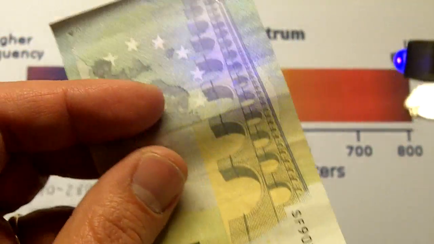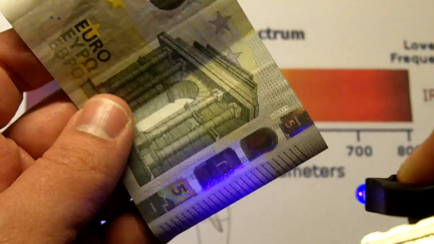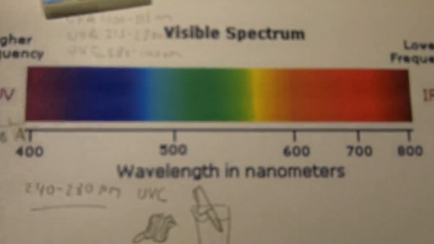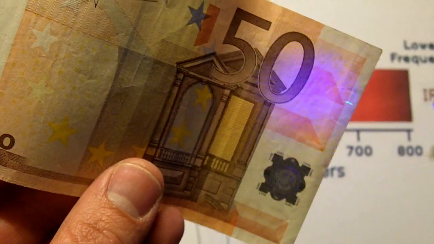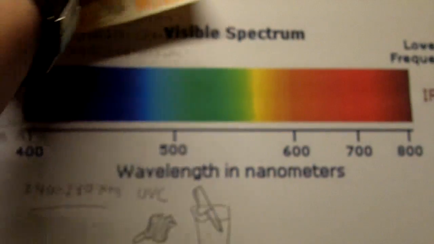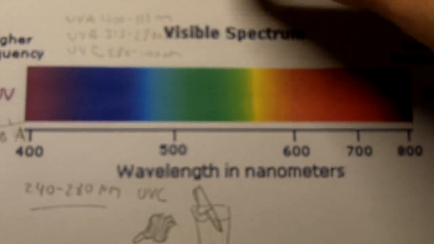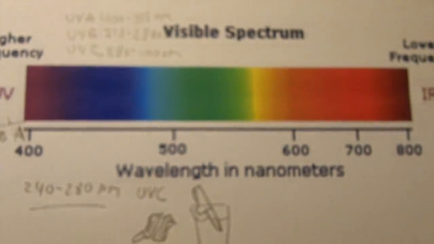Those little freckles of little strands are quite visible. So that was one of the applications that it has, and one of the reasons why I was interested in maybe having that blue LED replaced with a UV light.